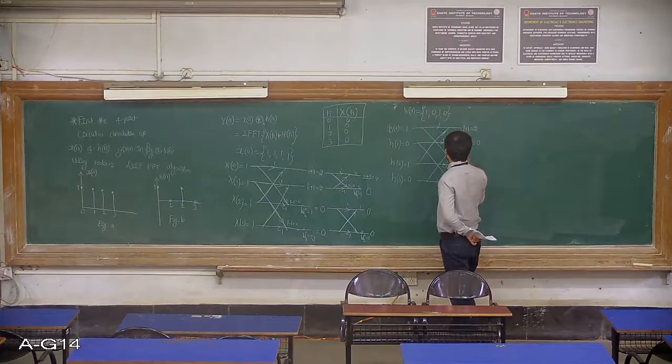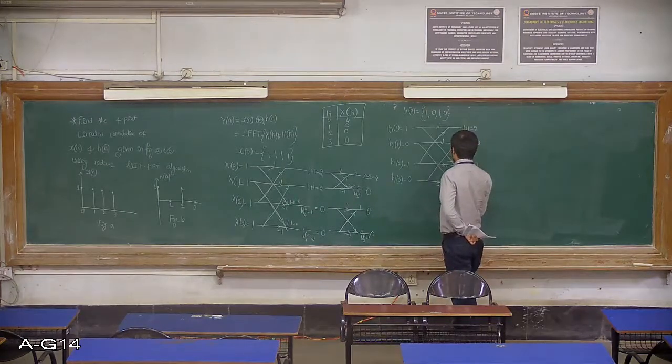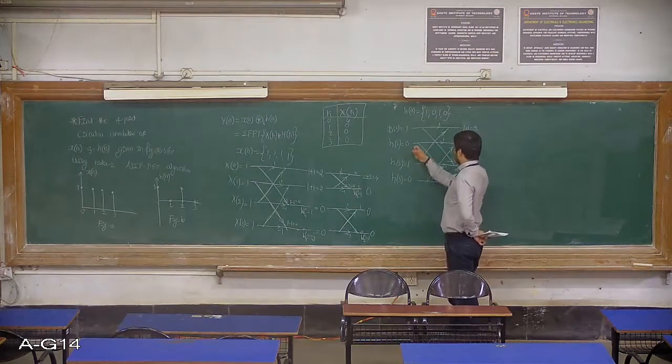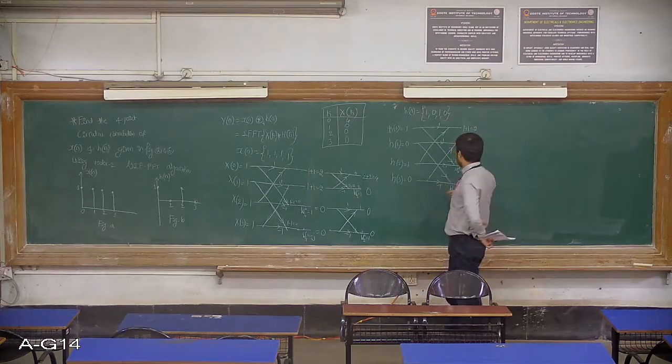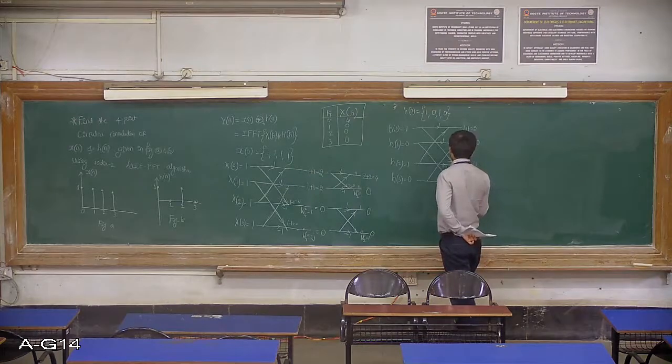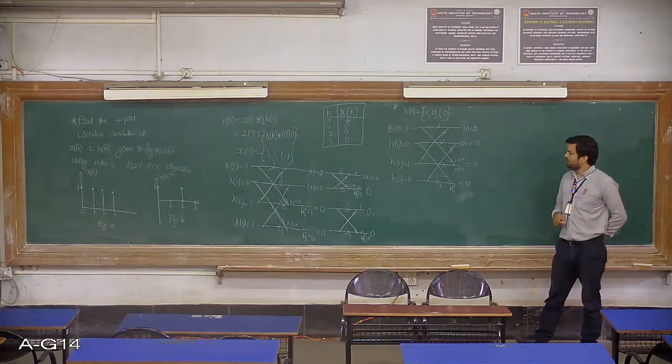So we'll get 0. Even if you multiply with that middle factor, we'll get 0. So here 0, 0. 0 plus 0 is 0. 0 into -j is again 0. So this is the first stage answer.